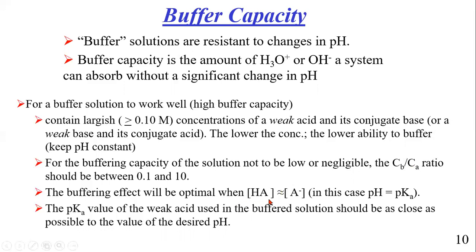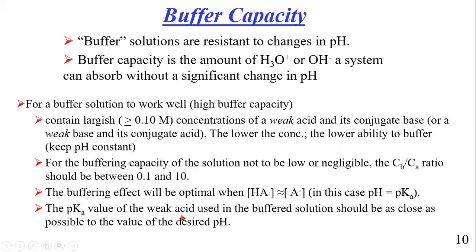When I have a buffering effect and I want to keep the pH constant, again, it's best to have a system where the HA is equal or as close as possible to the A minus concentration. Because in the end, if I use Henderson-Hasselbalch, I get a ratio, and I want to keep that ratio as close to 1 as possible, such that the pH that I'm buffering at is closest to the pKa of my acid.